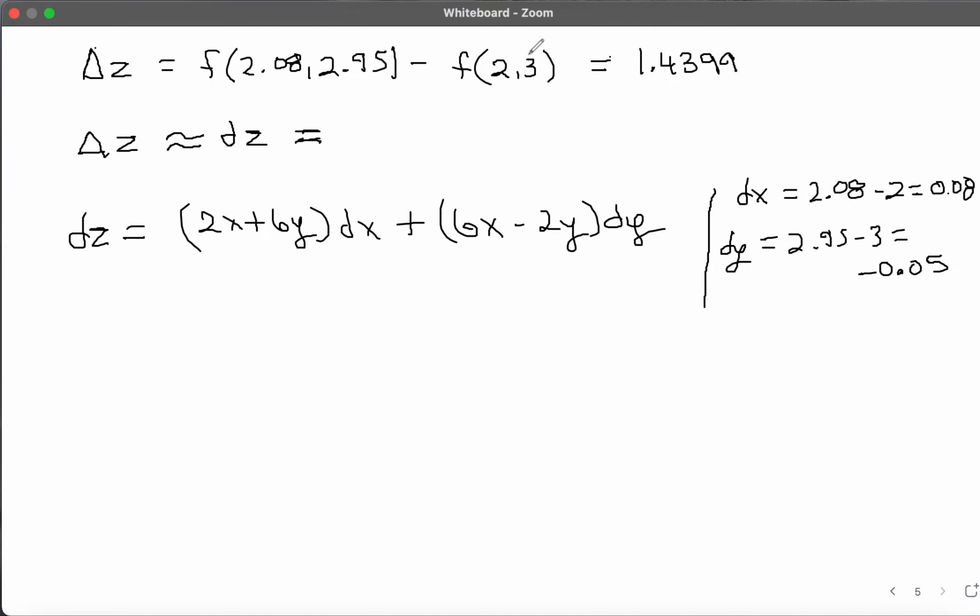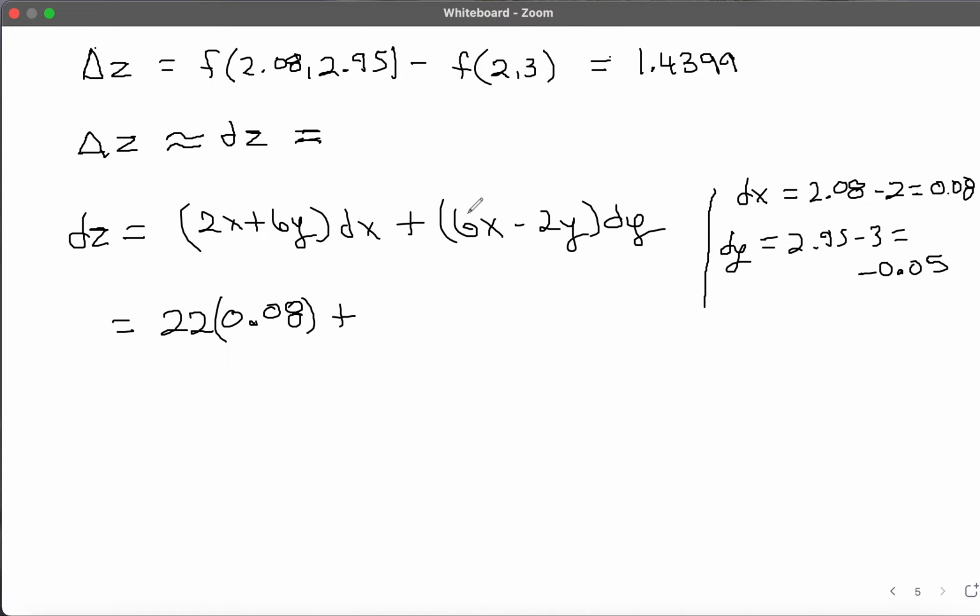So let's go ahead and plug in all these values. We're going to plug in 2 for x and 3 for y, and then we know what dx and dy are. So we're going to get 2 times 2 plus 6 times 3, which is 4 plus 18, so 22 times dx, which is 0.08.